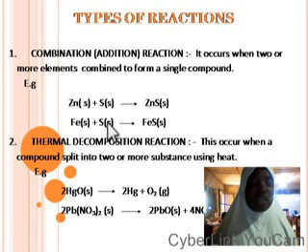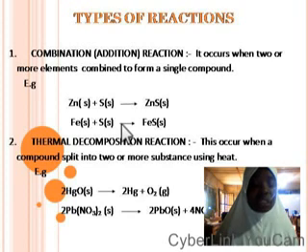When these two elements are heated, they produce a gray solid of iron sulfide. So that is an example of a combination reaction. And like we have said, it normally occurs between two or more elements. So it can occur between two elements or more than two.